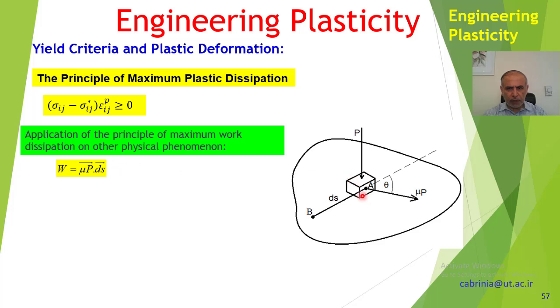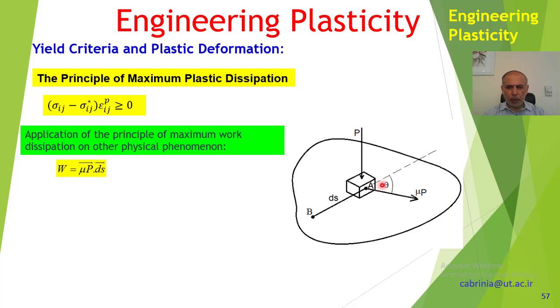I would like to apply it to a physical phenomenon, and this is a block on a surface, and we are applying pressure on it. We have friction on the surface, and we want to know how it moves. This is the application of the principle of maximum work dissipation to a physical phenomenon like friction and the block.